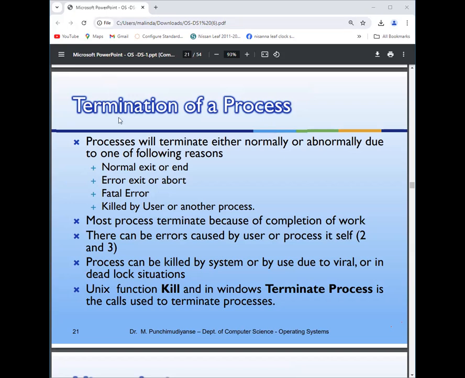Sir, can you please explain fatal error again? Fatal error means, because of a system or program error, or an error in the environment, like other processes not allowing this process to continue, there can be an error coming out of the process. That is not related to user errors or input output. Because of that, the fatal error can come.